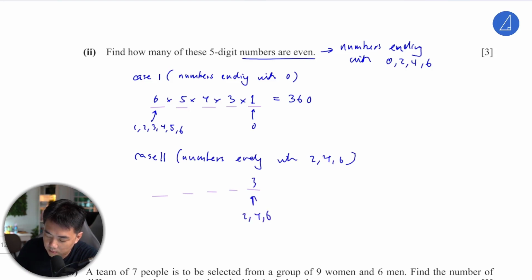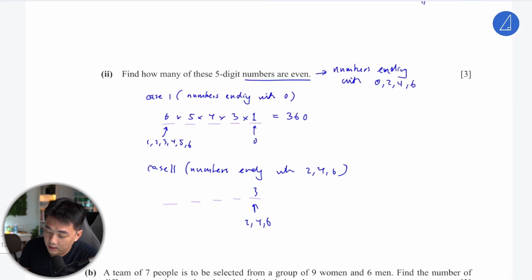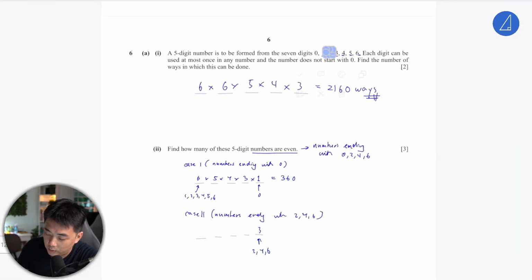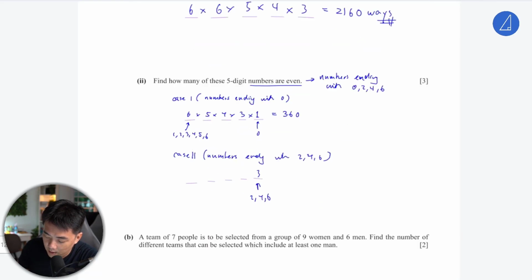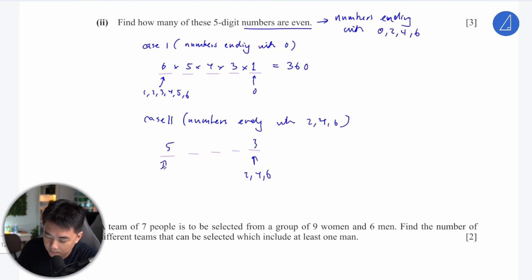So after laying down 1 digit, let's say I put 2. Just remember, if I put 2 down, for the first digit I couldn't put 0, because 0 is not allowed. So I have 1, 2, 3, 4, 5, actually 5 choices here, excluding the last digit and 0.